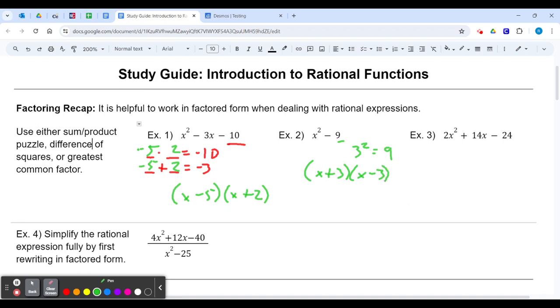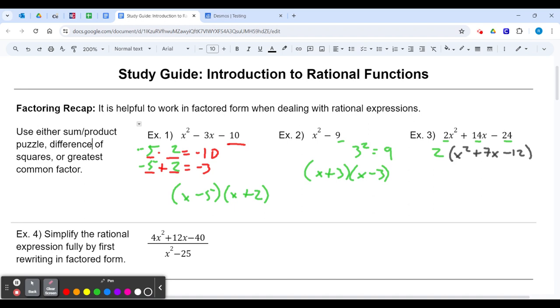And lastly, this is a combo of doing greatest common factor and our sum and product. I notice that I can divide out a 2 from each of these coefficients. So if I divide out a 2, I'm left over with x squared plus 7x minus 12.